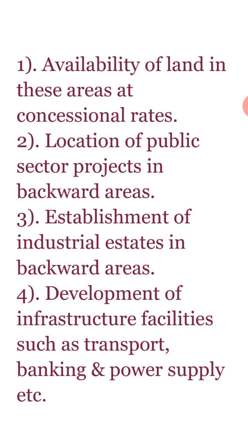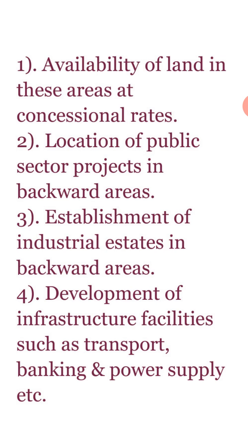So the government is also establishing its projects in the rural areas, so that it can further create economic development and employment opportunities over there. Next, establishment of industrial estates in the backward area. That means a complete area has been created especially for industrial development.